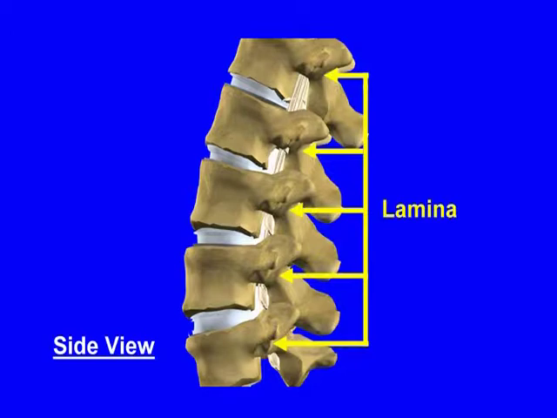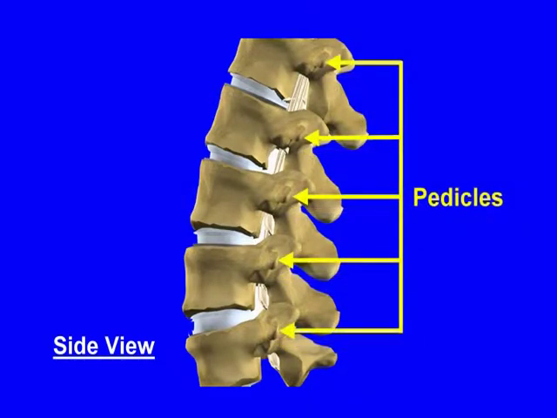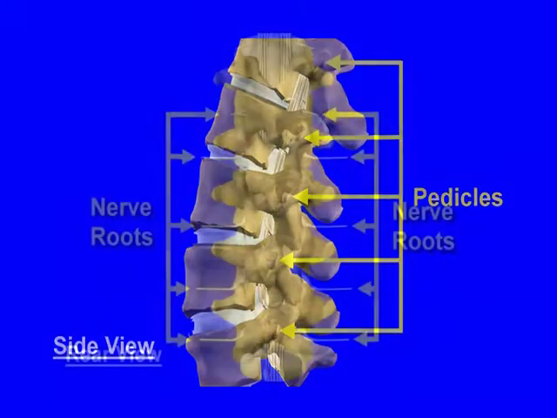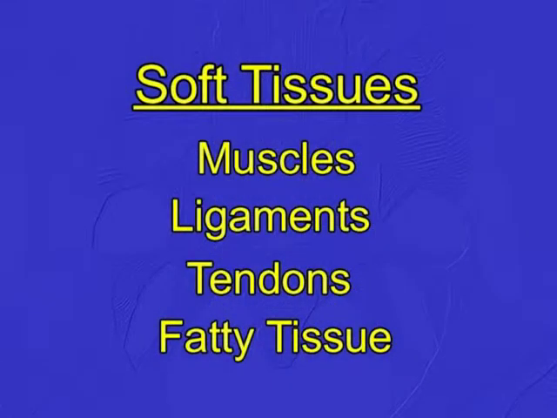The bone that extends back from the vertebral body and connects to the lamina is called the pedicle. The nerve roots exit the spinal canal on both sides and at each level. These nerve roots control the muscles' actions and also give sensation to your legs and pelvis. The spine is surrounded by many soft tissues that include muscles, ligaments, tendons, and fatty tissues.